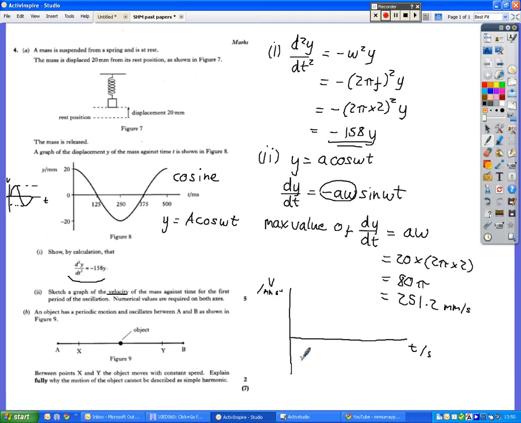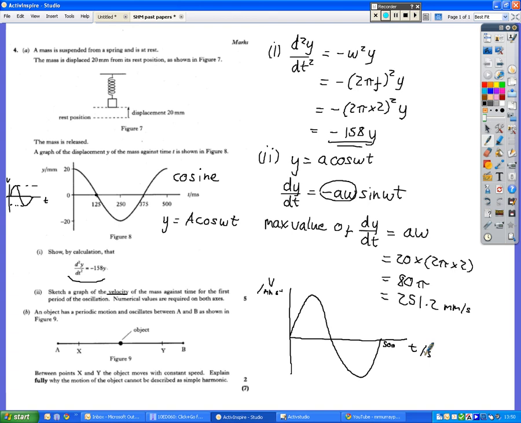You know from your knowledge of how simple harmonic motion works, that when a displacement is zero here, that's at its equilibrium position. That's where the velocity is greatest. Remember, it's accelerating through that midpoint and then slowing down. So your graph is going to be sinusoidal in shape. This is going to be 500 milliseconds.